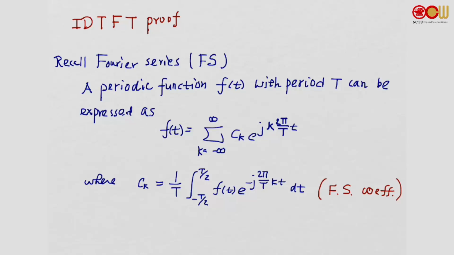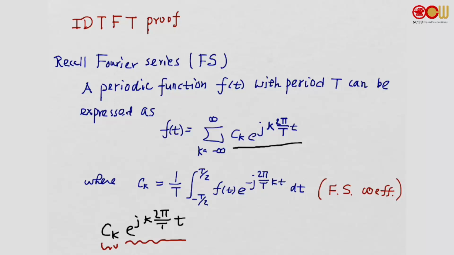Let's take a good look at each term in the summation here. Each term is of the form c_k e^{jk(2π/T)t}. What is this? This is an exponential function, isn't it? So each term is an exponential function scaled by this c_k here. And what kind of exponential function is this?